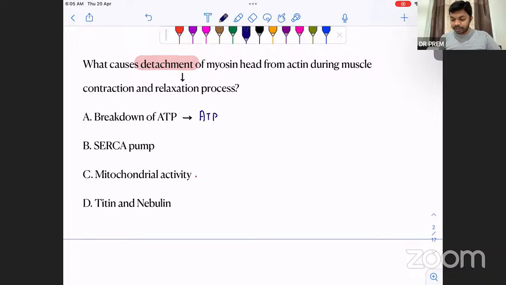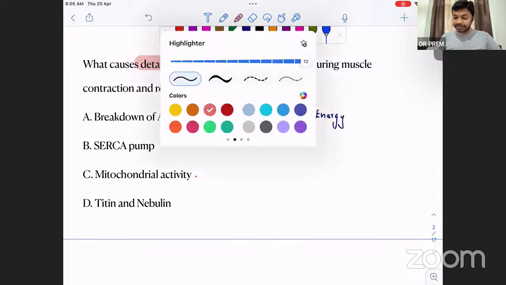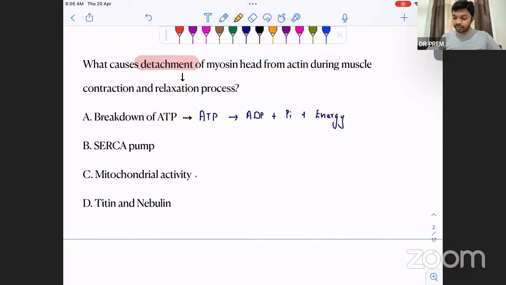ATP is broken down to adenosine diphosphate plus a molecule of phosphate plus liberation of energy, and this energy is going to power contraction and not relaxation. So option A is wrong.